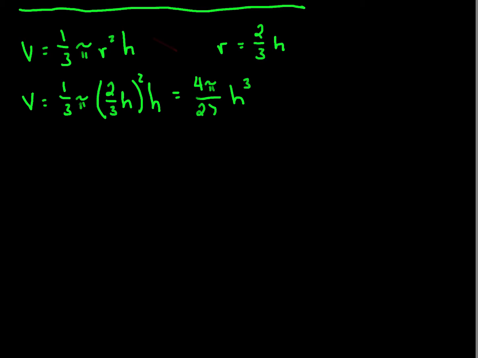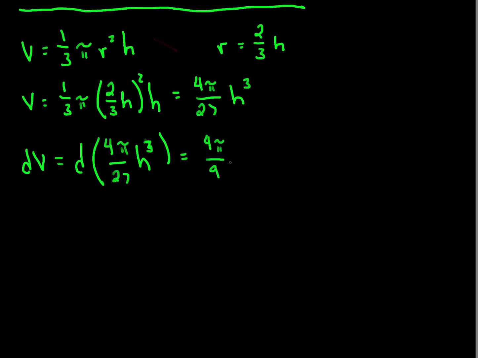And now going through the problem, right, dV is equal to the differential of 4 pi over 27 h cubed. Differentiating, it goes past the constant. This 3 comes down to my new coefficient, which will cancel with the 27. So this is 4 pi over 9 h squared dh.